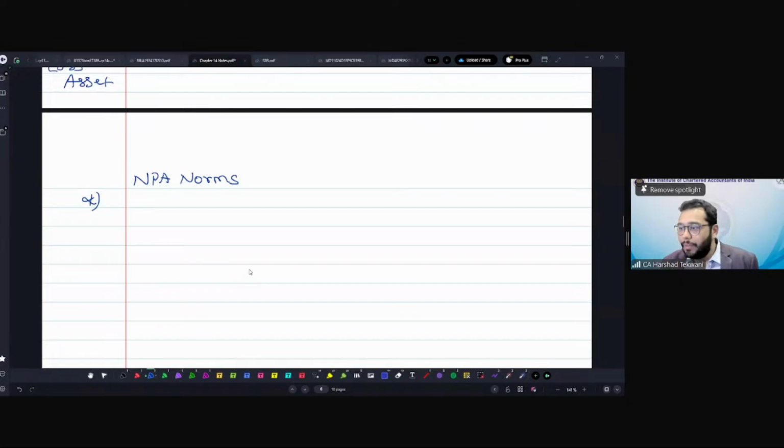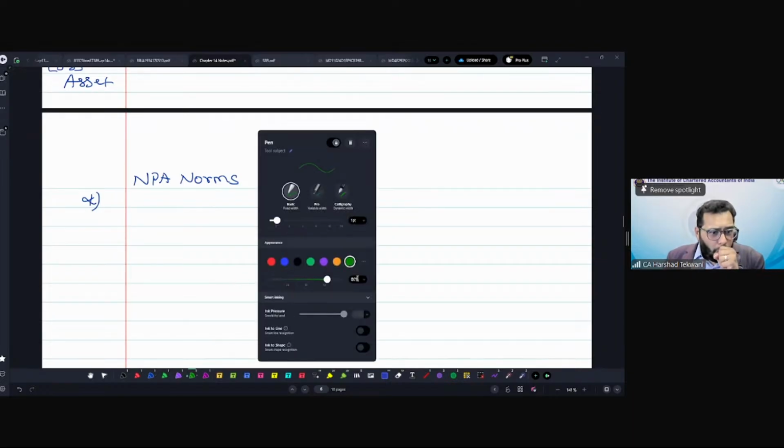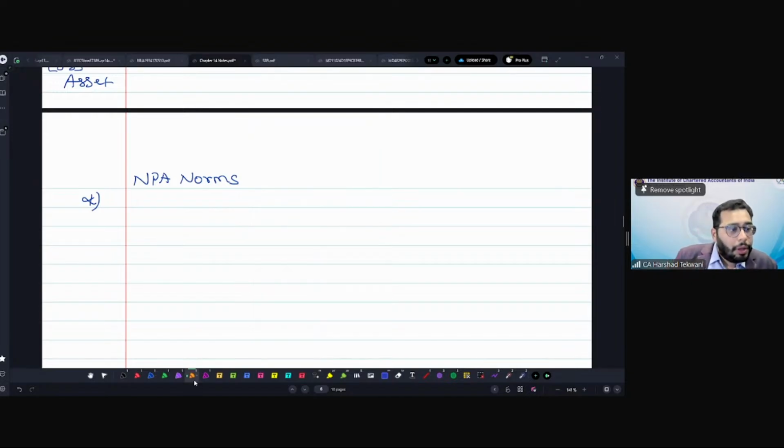Now, earlier, the NPA norm for NBFCs falling under the base layer was 180 days. What is 180 days?